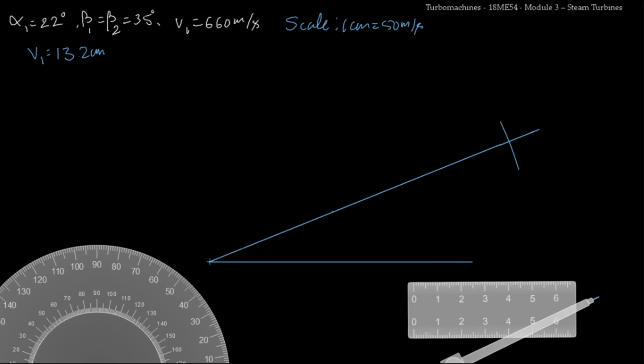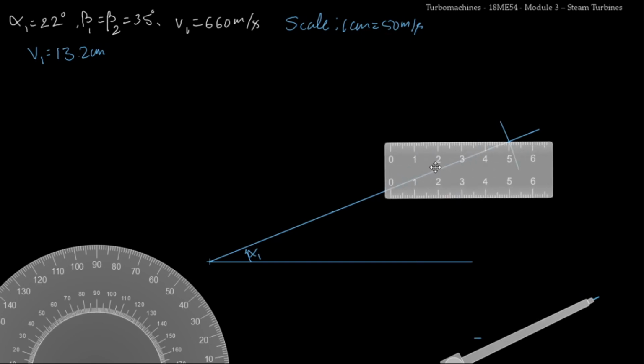Now I know that this angle is alpha 1, which is 22 degree. Now I know beta 1, which is 35 degree, comes here, but I don't know where VR1 starts. So what I'll do is I'll take the scale and I'll draw a horizontal line here. From that point I'll draw a horizontal line.